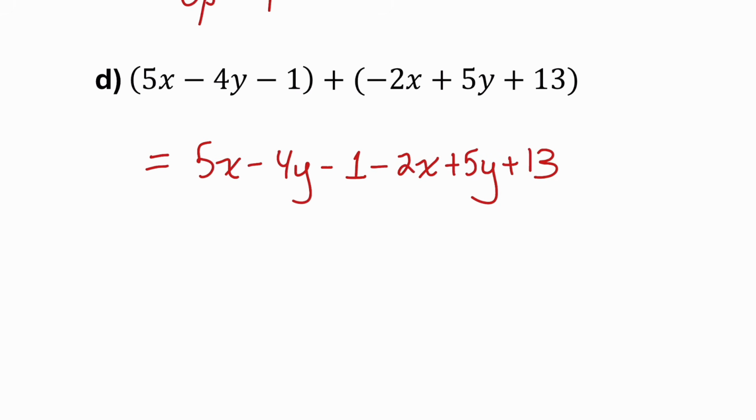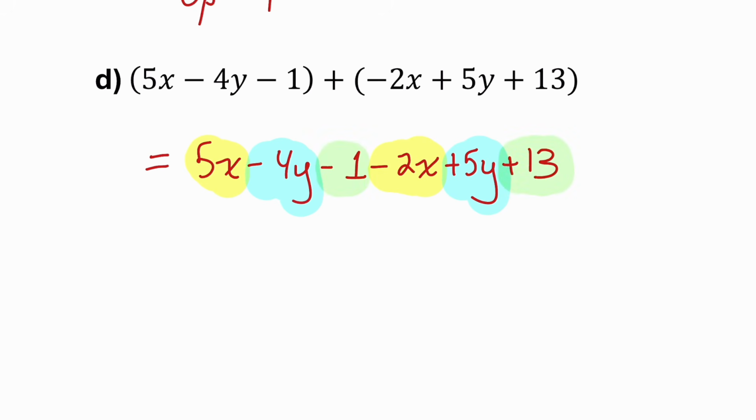And now I look for pairs of like terms. Terms that have the same variable parts, well, I have a 5x and a negative 2x. I have a negative 4y and a positive 5y. And then I have 2 constant terms, a negative 1 and a positive 13.